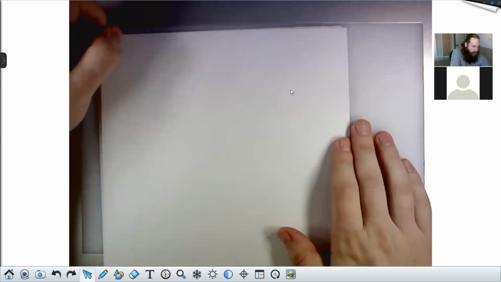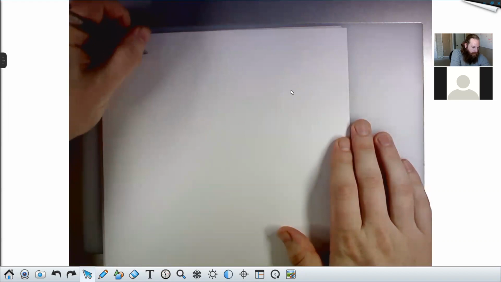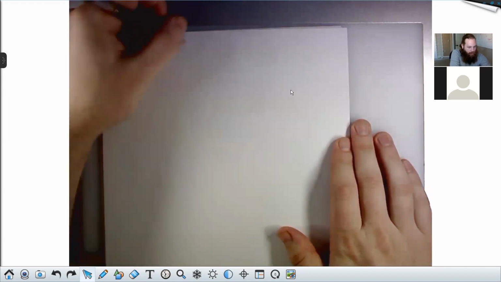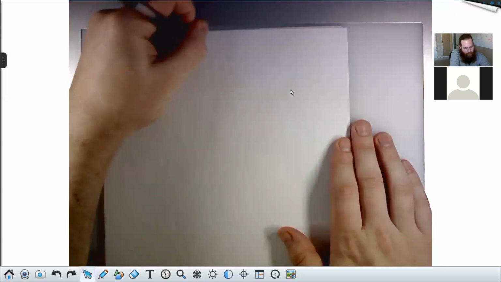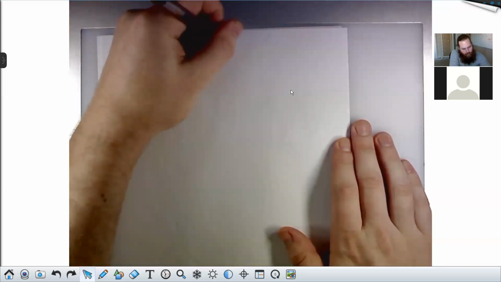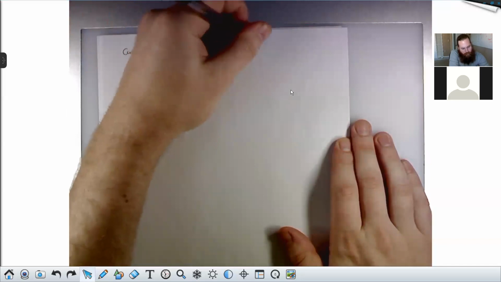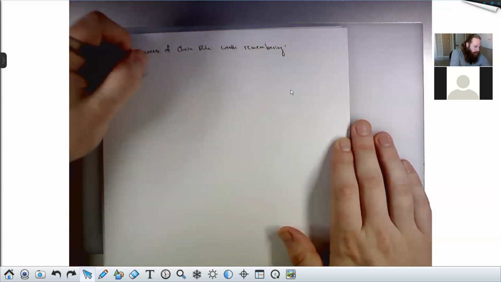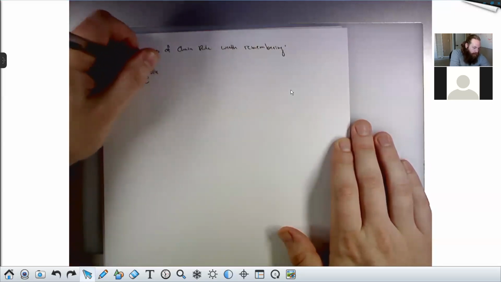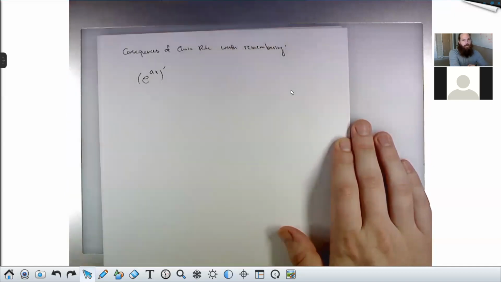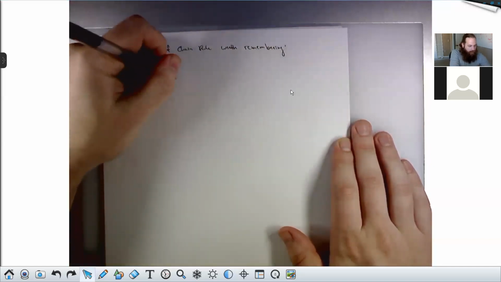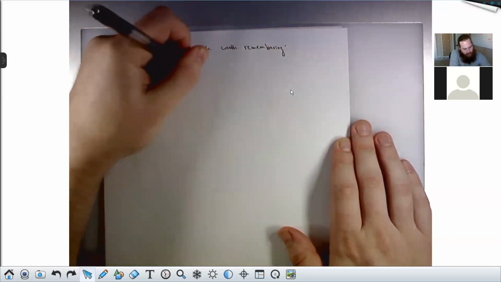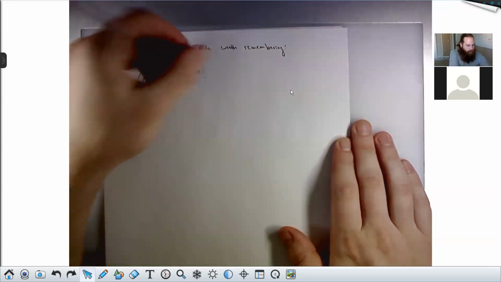The first one is that if you differentiate e raised to any constant times x, you get e to the ax back, and then you multiply by the derivative of the inside, which is just a.